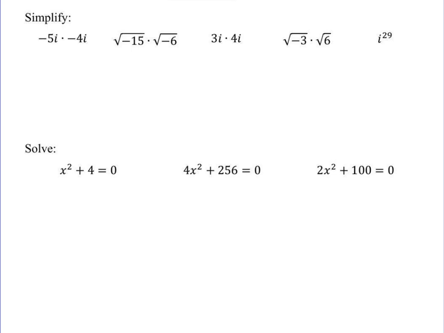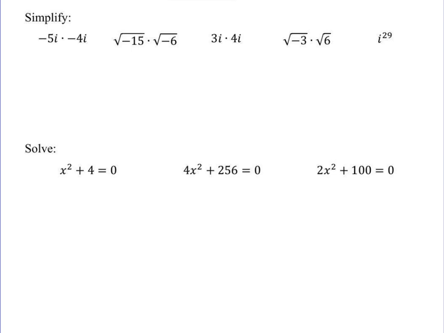Now that we know how to work with i, we can start to work with imaginary numbers and start to get into complex numbers as well. So if I have negative 5i times negative 4i, I can simplify that. If that was negative 5x times negative 4x, what would you get? Positive 20x squared.